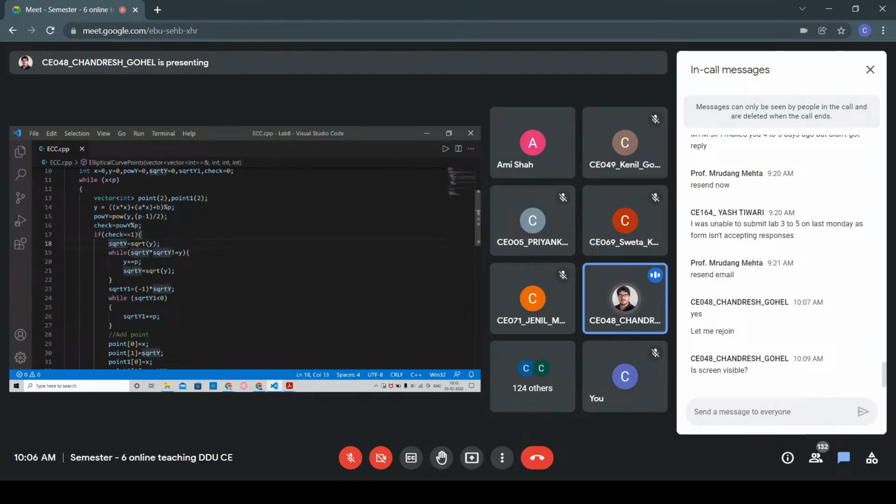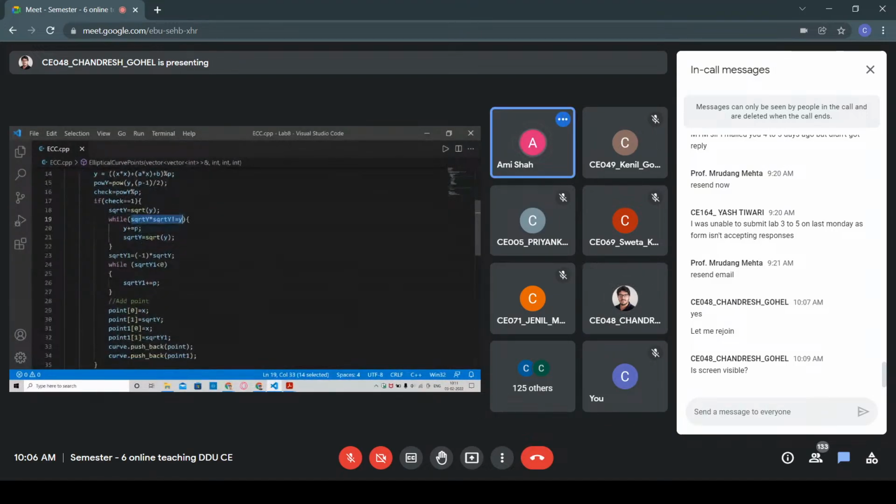Then I am doing SQRT y, both things. Here I'm doing integer, so if it is not a perfect square, then SQRT y into SQRT y will not be equal to y. So I'm adding p over here. Then multiplying by minus for the other point.